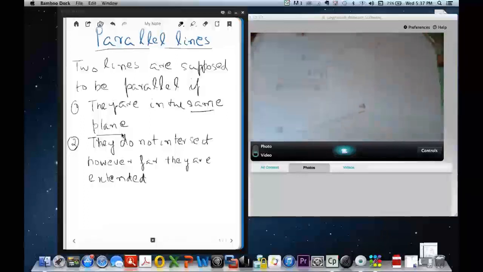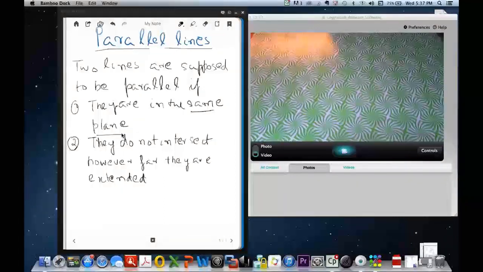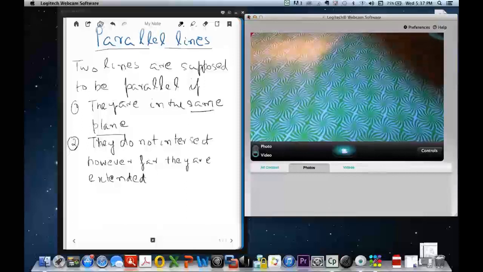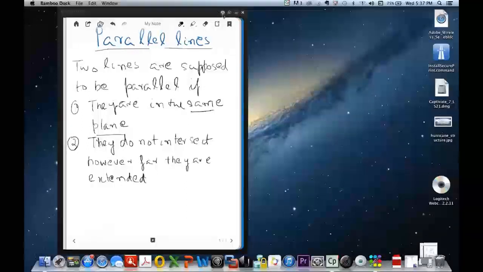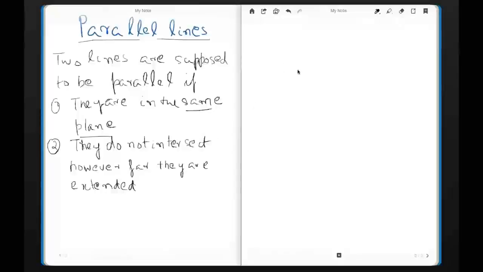Now we will get into the different angles that we'll come across in the case of these lines. Let us look at 2 parallel lines.